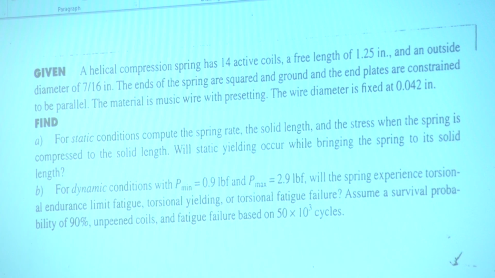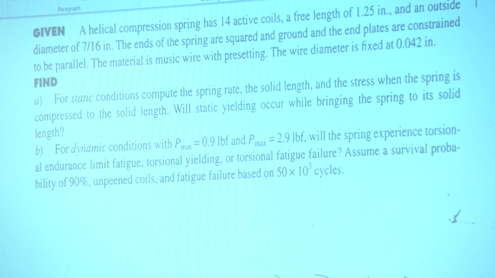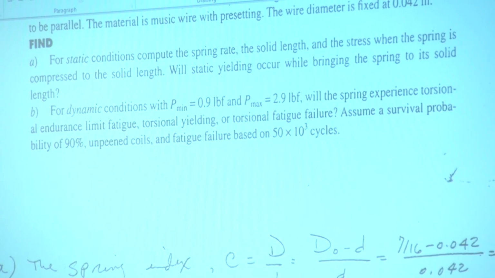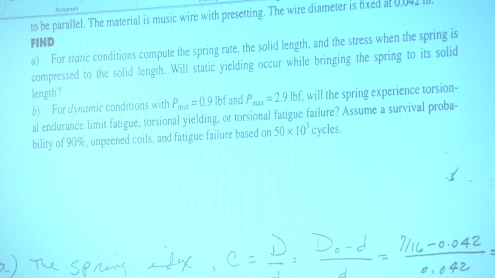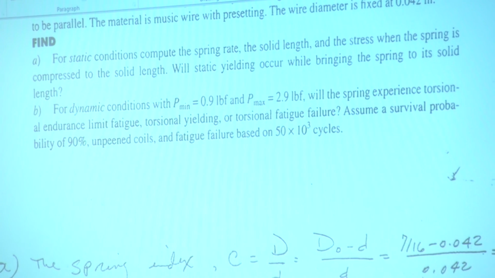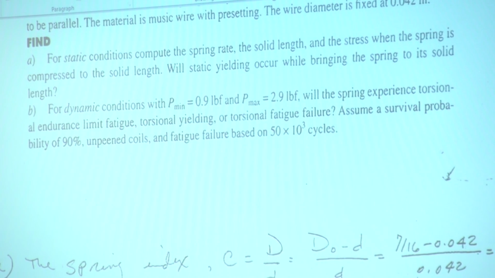For static conditions, compute the spring rate, the solid length, the stress when the spring is compressed to the solid length, and will static yielding occur while bringing the spring to its solid length? So what we need to do is find what force is required to take the spring to solid length, find a stress then, and compare it with the yield strength of the material.